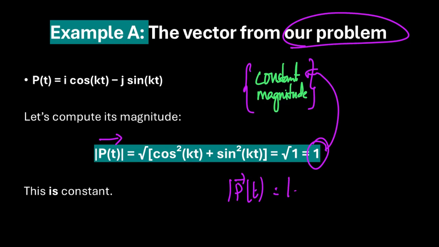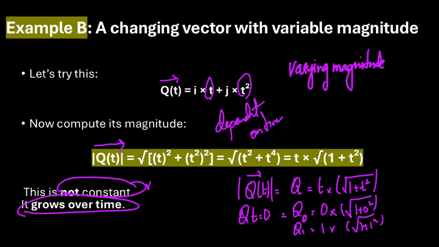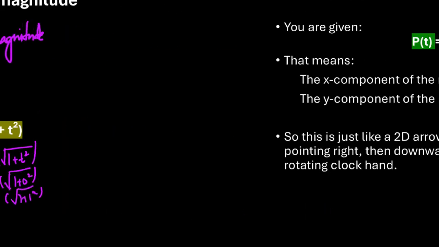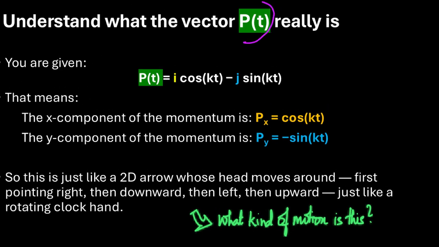Okay. Right. So now if you have understood this concept and the slight difference in it, let us now try to understand what this p of t really is. So the momentum vector p of t is i cos kt minus j sin kt. We understand that the i component cos kt is px and the j component minus sin kt is py.